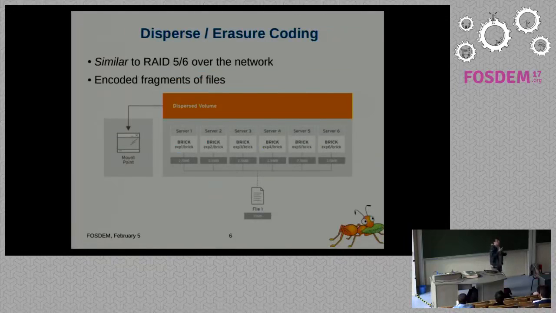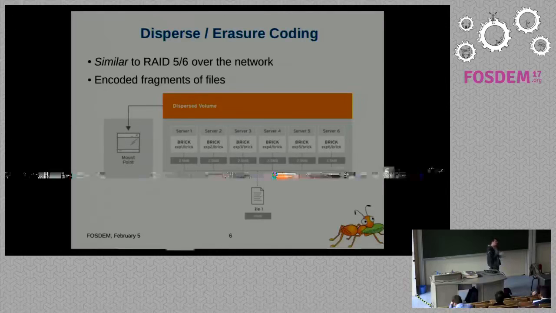Instead of using replication and distribution, there are also erasure-coded options. So you can use, we call it disperse, it's erasure-coded, so it's like a RAID 5 over the network. It's a bit more complex because Gluster by default uses everything based on files. So you have distribution based on the whole file. The file will be located on one of the bricks.